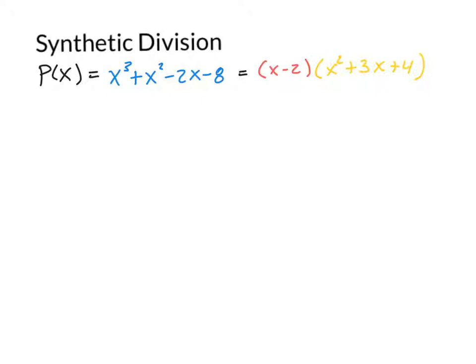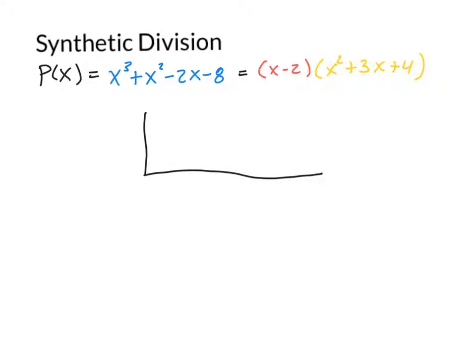Right? There was a lot of work going on, and what synthetic division does is it takes all of that writing and condenses it down into a smaller area. And what we need to know is how to do that. So what I'm going to do here is I create a box just like I did for the polynomial division, except it's upside down.